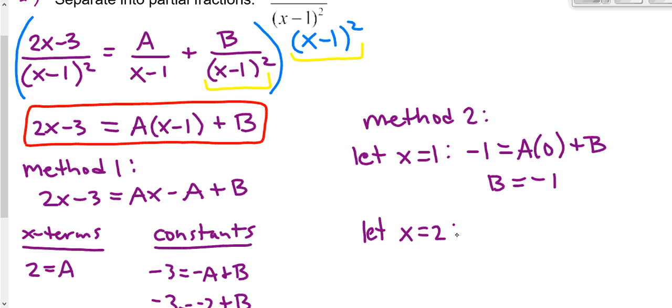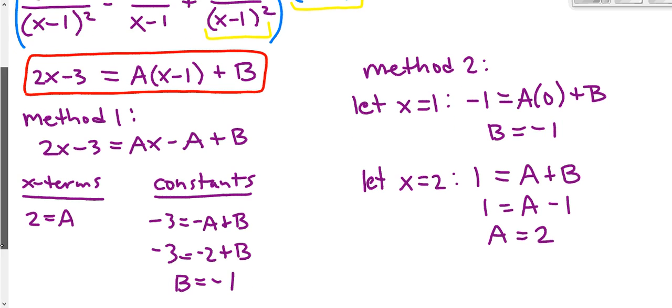So I'm going to choose let x equal 2. Substituted in the left side of the equation, I get 1, equals, substituted in the right side of the equation, I get a times 1 plus b. And I just found out that b was negative 1. So 1 equals a minus 1. Add 1 to both sides, and a is 2.